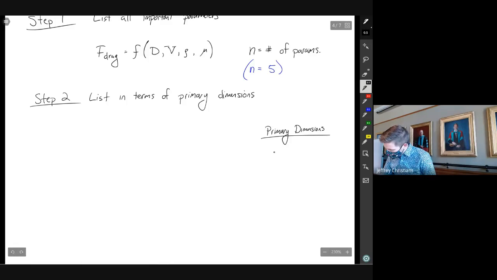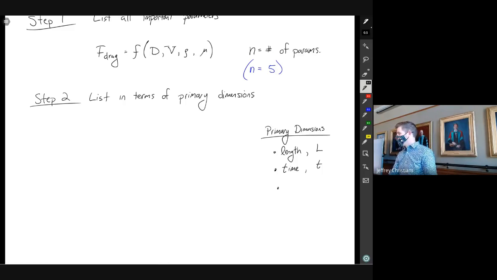Something like length. Length is a primary dimension. Time. Any other primary dimensions? Think of a unit that you can't break up into other units. Like a Newton, you can break up into kilograms and meters and seconds. Mass. We'll call that capital M. Any other ones?